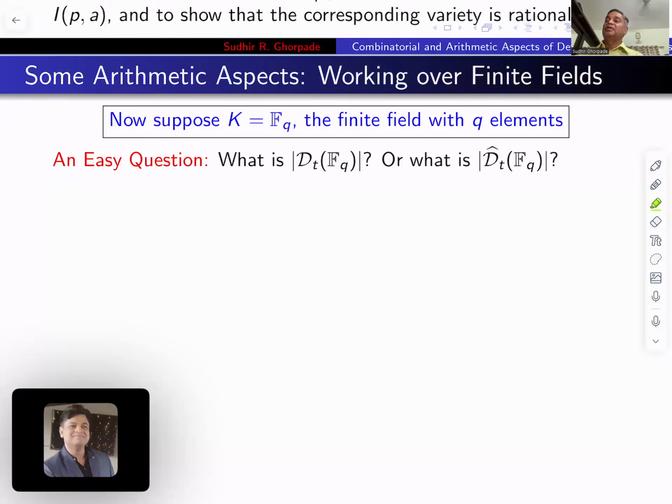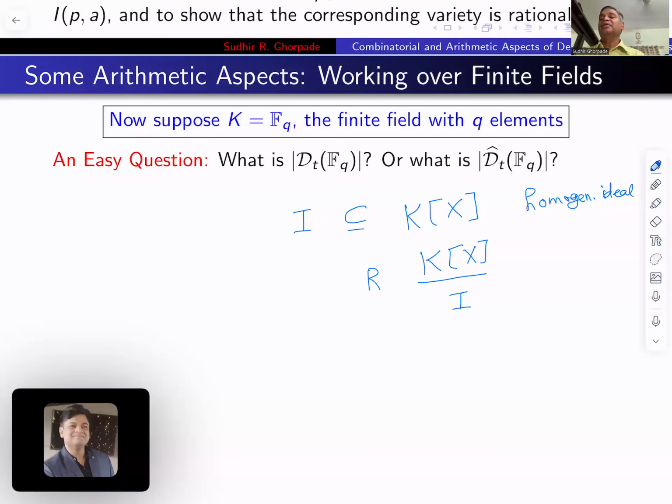Fine. So let's say you have a polynomial ring, K[X], where X could be several variables. And suppose I is a homogeneous ideal. Then if you look at K[X] mod I, let's call this R, that's a graded ring.